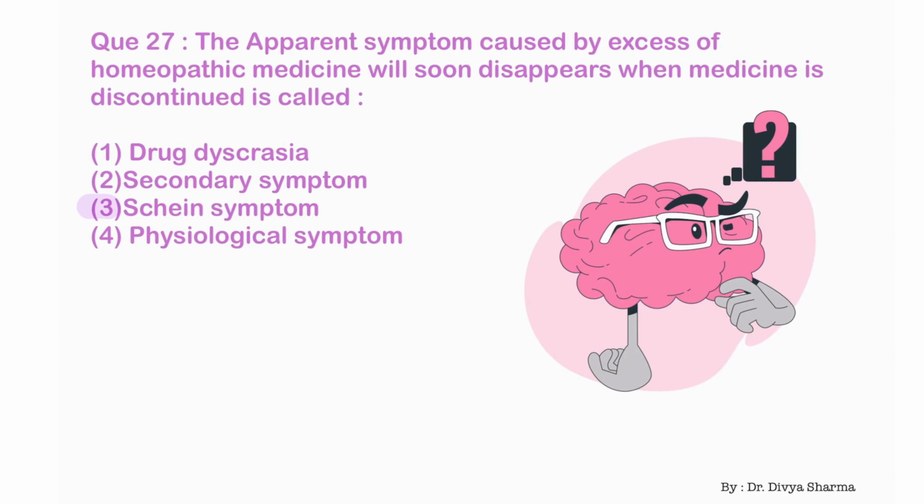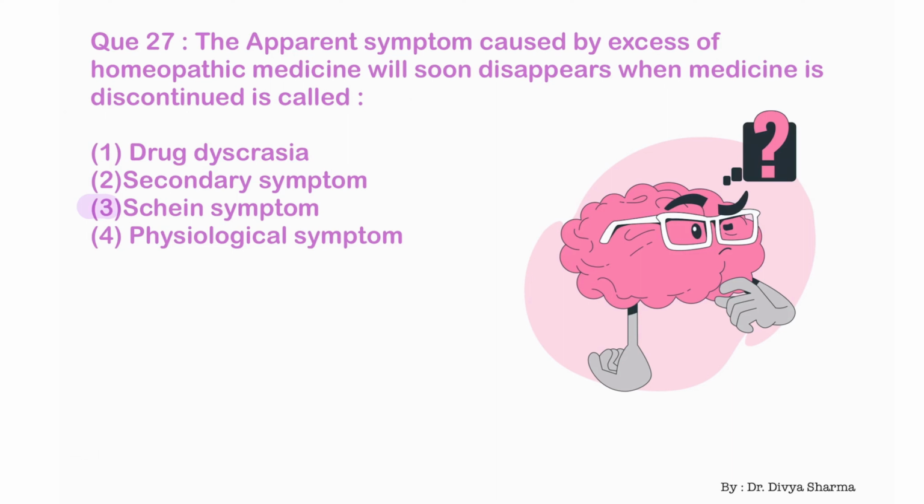Question number 27. The apparent symptom caused by excess of homeopathic medicine will soon disappear when medicine is discontinued is called. Now, this statement has been mentioned in aphorism number 248.